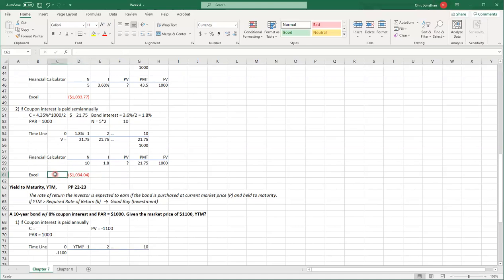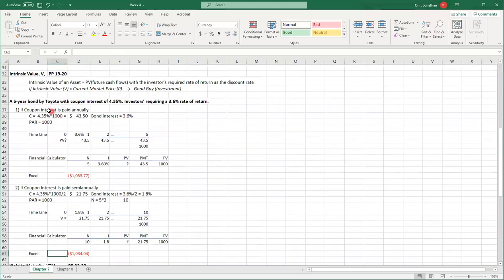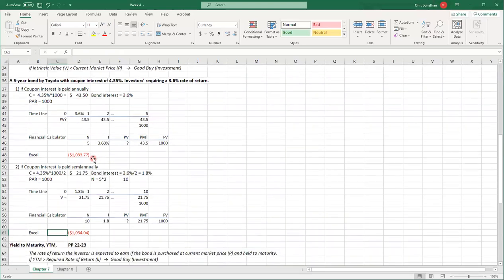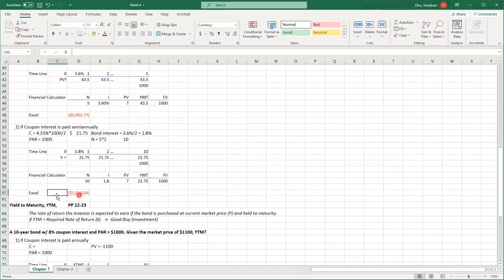If you have more compounding periods, semi-annual has more compounding periods than annual, then your result will be slightly higher, right?